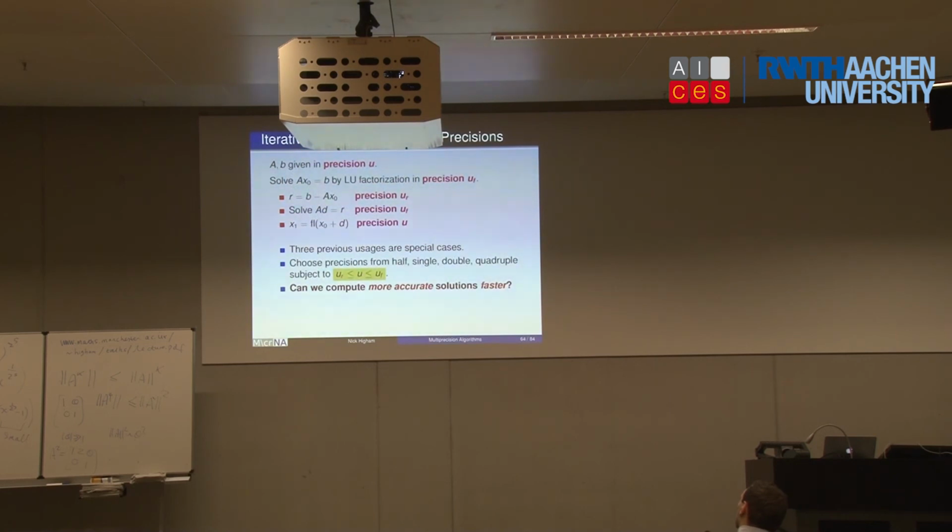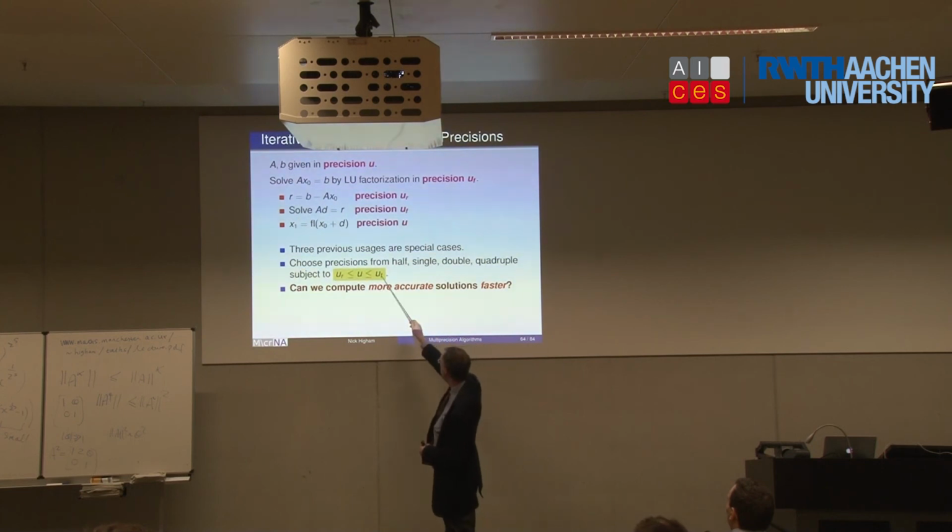So what I'm going to talk about is a refinement process where we allow 3 different precisions. Little u is the precision that you give A and B in, and that I'll return x in. u_f is the factorization precision, which could be a larger unit roundoff, so less accurate.